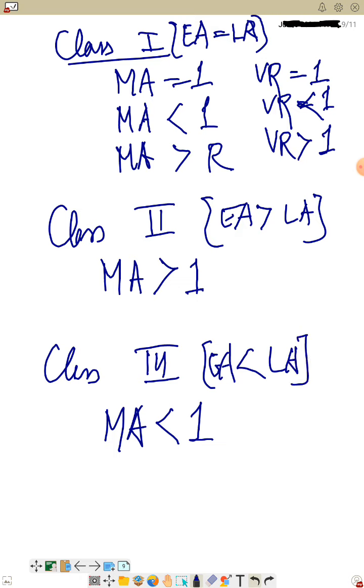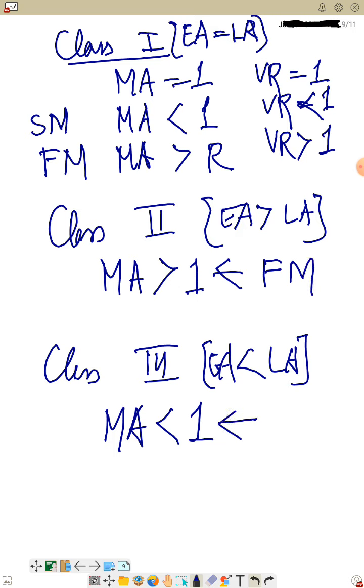So class 1 lever can be used as a speed multiplier or a force multiplier. Class 2 lever can be used only as a force multiplier, whereas class 3 lever can be used only as a speed multiplier. So why? You know the reason.